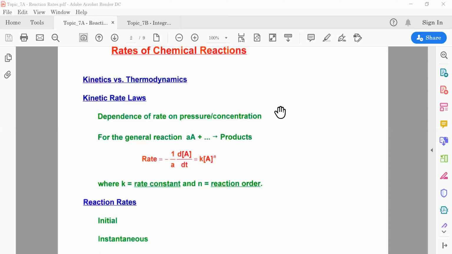And the more of them there are to collide, the faster will be the reaction rate. As the reaction proceeds and the amount or concentration of reactant decreases, there are fewer collisions that can lead to reaction. And so naturally the reaction slows down. And that's what we're going to see in today's class when I show you several examples that illustrate that.